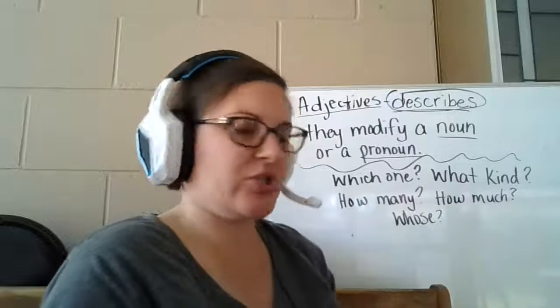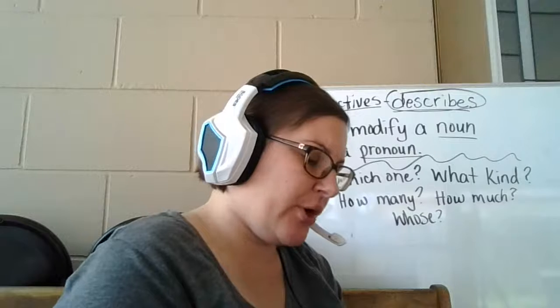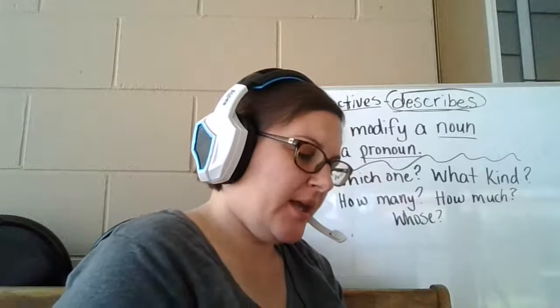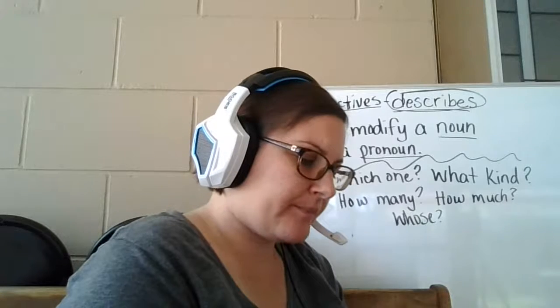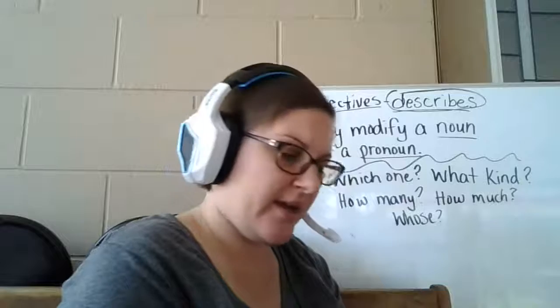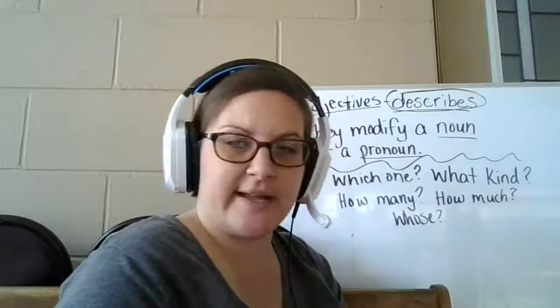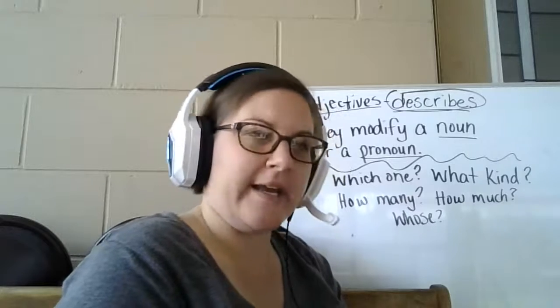Look at the examples at the top of page 171. The last day. Last is used as an adjective here because it tells which one. The last day, which one? It's the last day. Chocolate candy. What kind of candy is it?